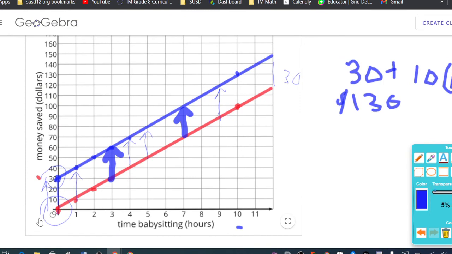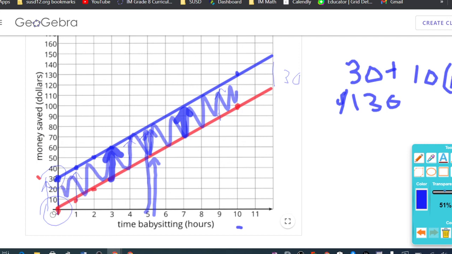Okay, after 5 hours, here, how much more money does he have in the second line? Look at the graph right here. Yeah, same thing. He went from this much to this much. Everywhere between these lines, there is a difference of $30 because that's what he started with in the second line. He already had $30 in the bank.